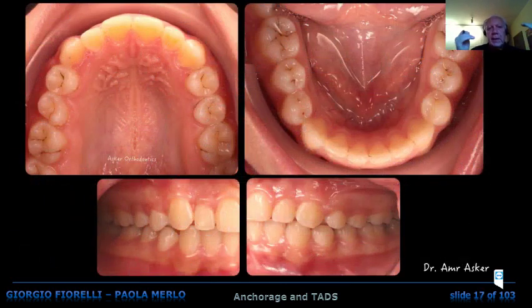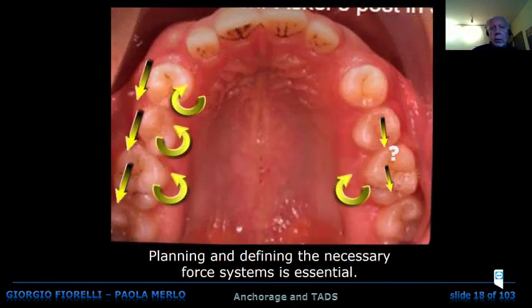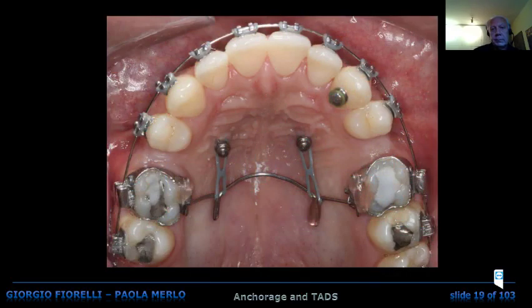And even if a case like this is finished well, otherwise they wouldn't have published it on the internet, we know that what happened is that these teeth were going back and forth, and this is not good at all. So we have to think about the needed force system, and then we have to see whether we need anchorage or not. Okay?